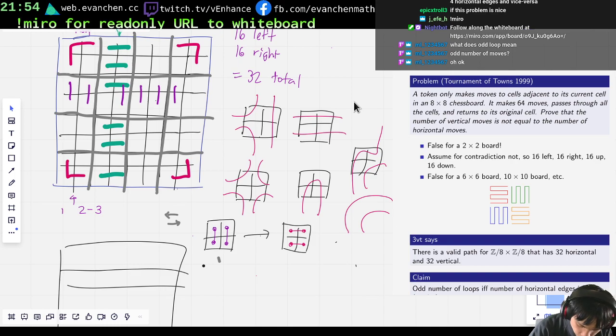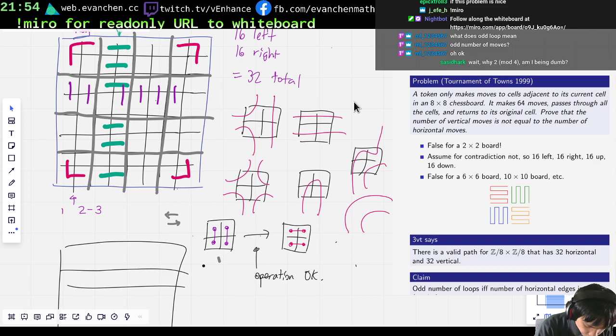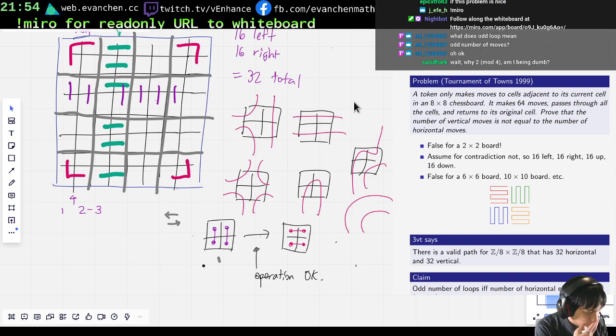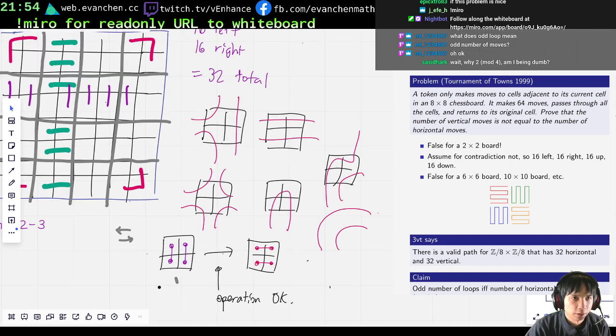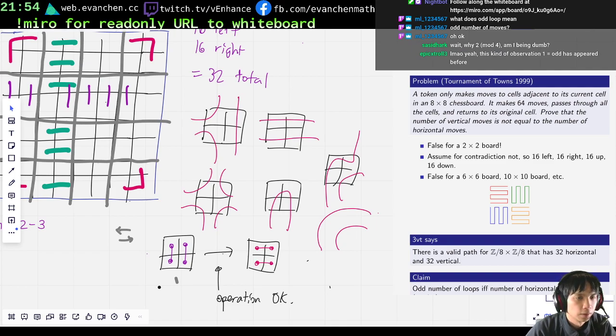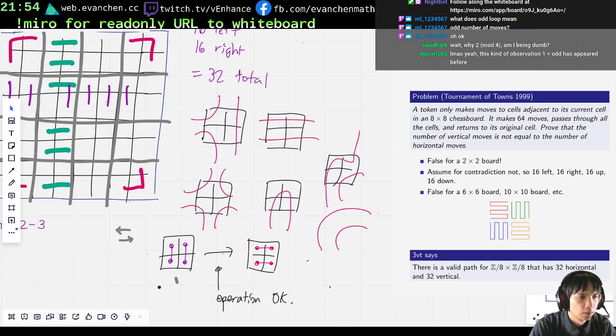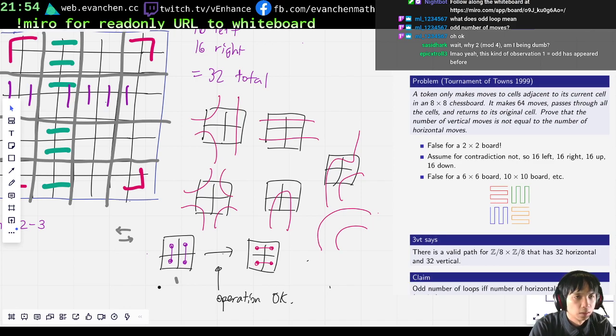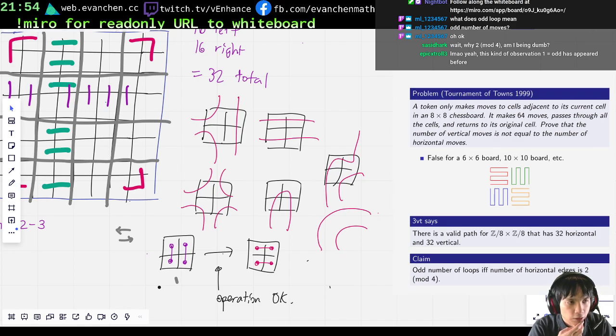So this operation is okay. In general, if I have... why 2 mod 4? Because that's what makes the claim work. So how do I do the cutting?